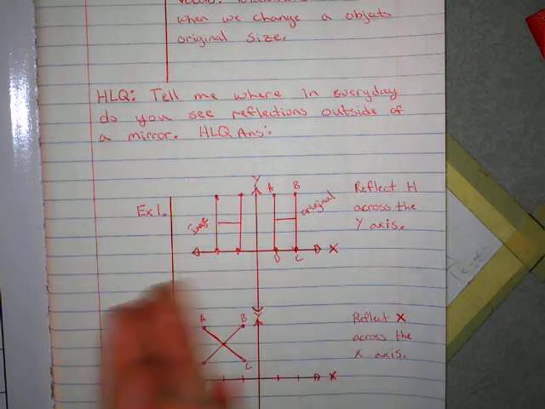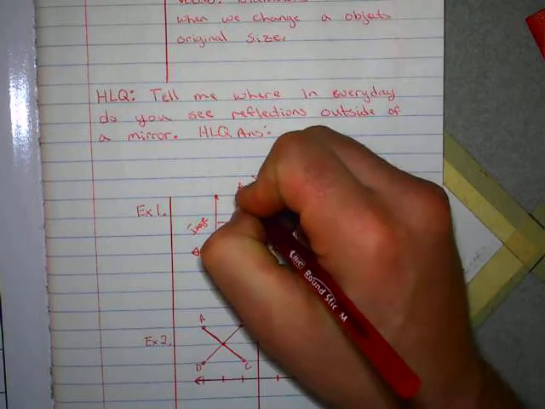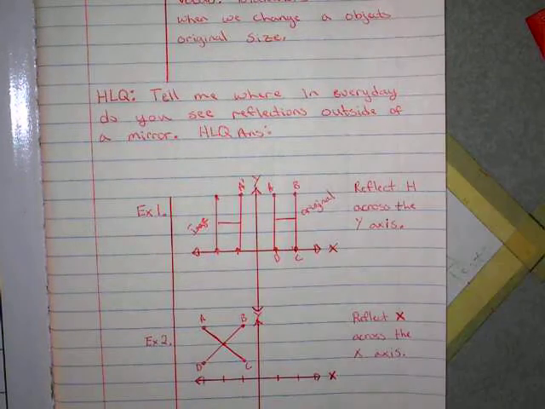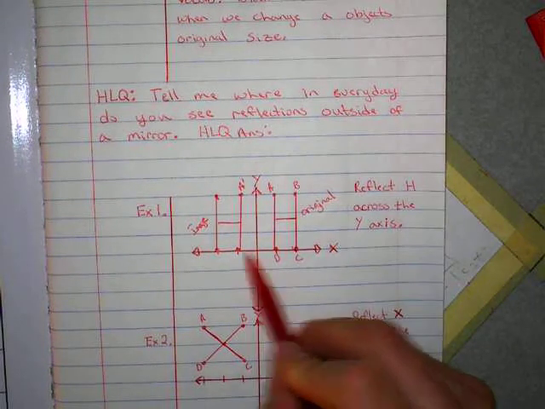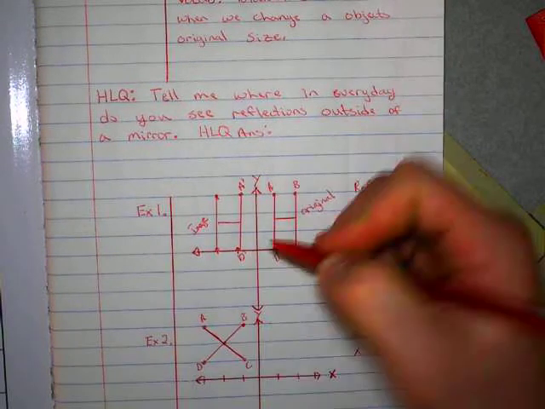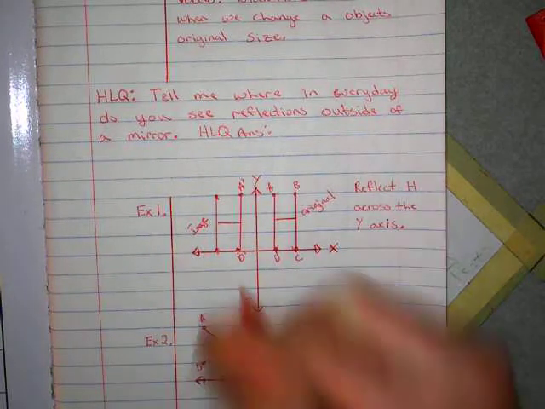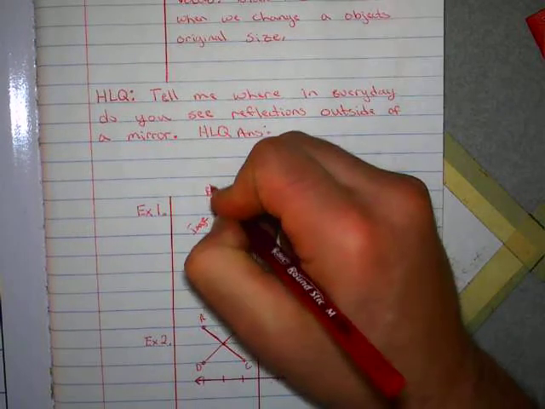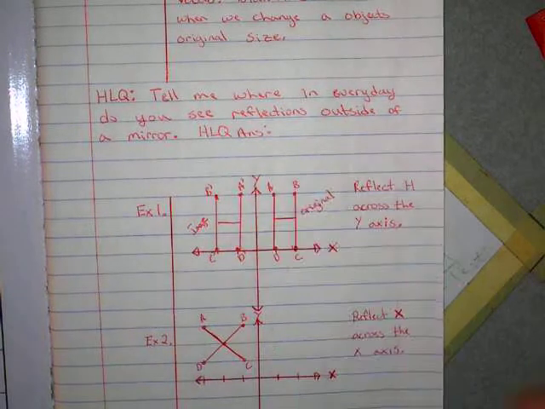So its reflection, this point up here, will still be A. We'll call it A prime. We'll do a comma to show that it is a part of the image. Again, the D is closest on bottom, so it's going to stay closest, and we're going to call that D prime. B is going to be farthest away on the top, so that'll be our B prime. And again, C, farthest away on the bottom, C prime.